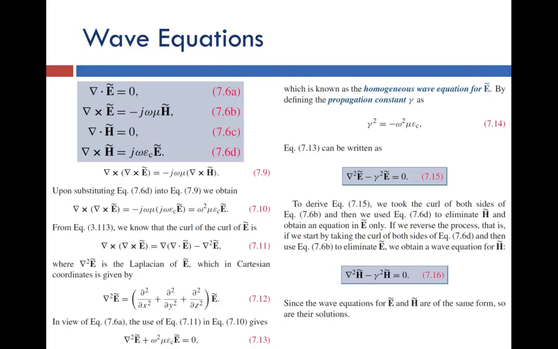In that case, we would have come up with an equation in H only, and that would then yield the wave equation given in 7.16. So the wave equation is basically the same equation, and gamma is the same constant for both E and H. Equations 7.15 and 7.16 give us the wave equations for the electric and magnetic fields respectively.